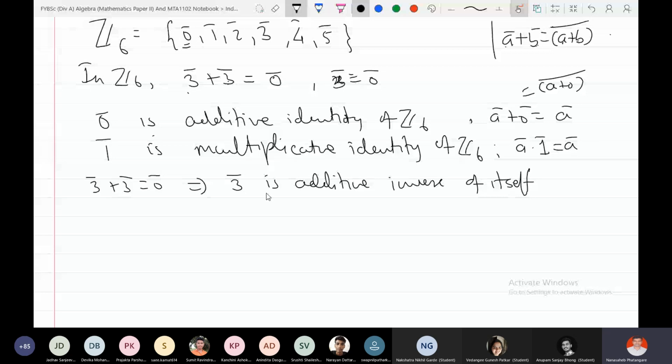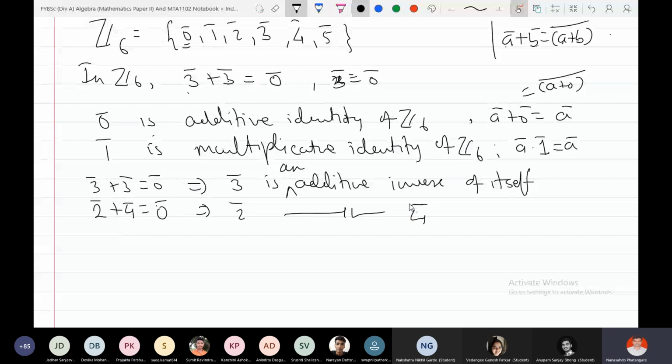So 3 bar is an additive inverse of itself. Is it clear? Yes, sir. Fine. Now 2 bar plus 4 bar is 0 bar, and therefore 2 bar is the additive inverse of 4 bar, and 4 bar is the additive inverse of 2 bar, right?